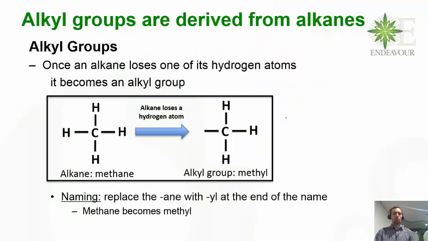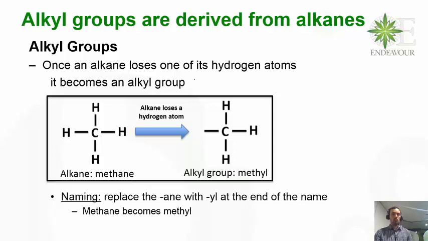So the next thing we're going to have a look at is an alkyl group. So essentially an alkane, for example, methane or ethane or propane, can actually lose one of its hydrogen atoms, and by doing this it becomes one of these alkyl groups.